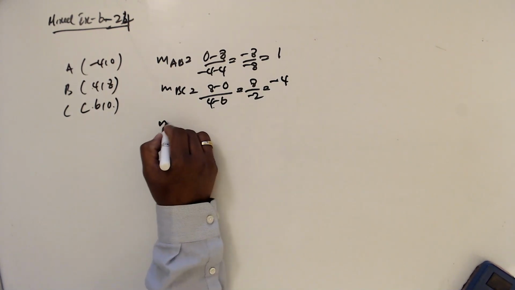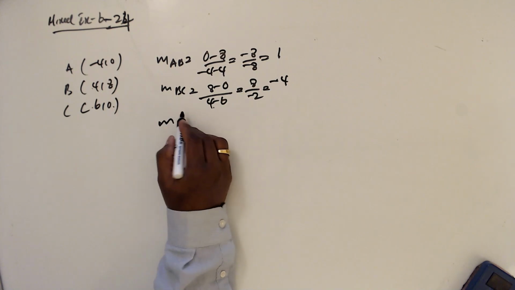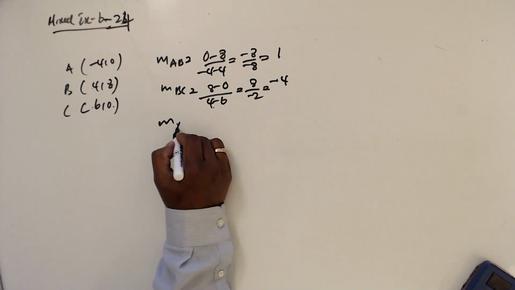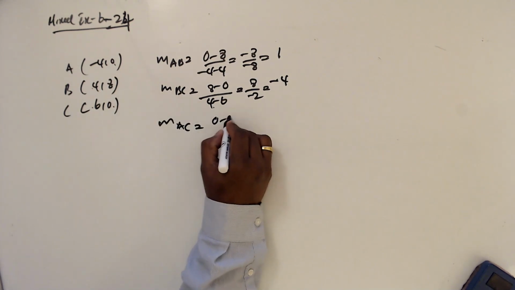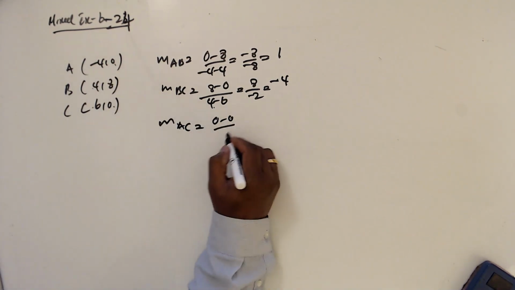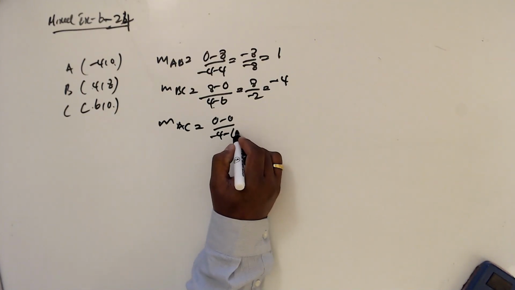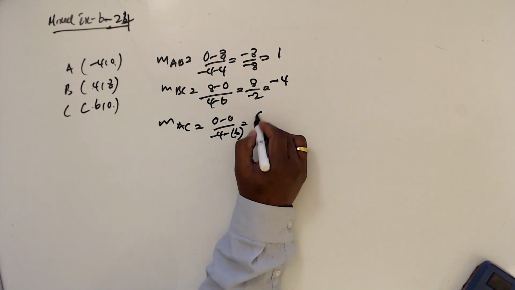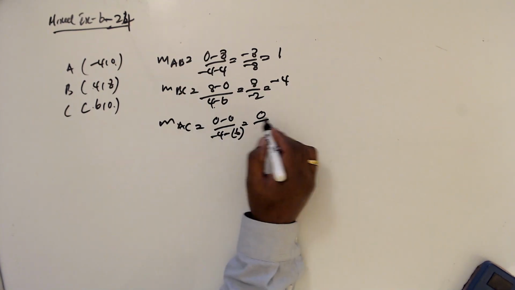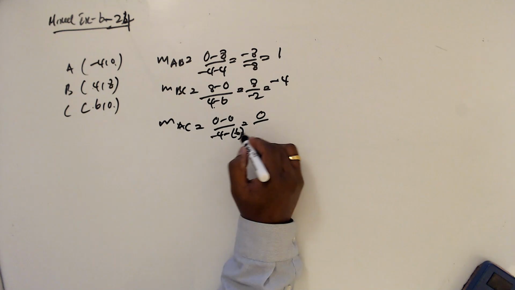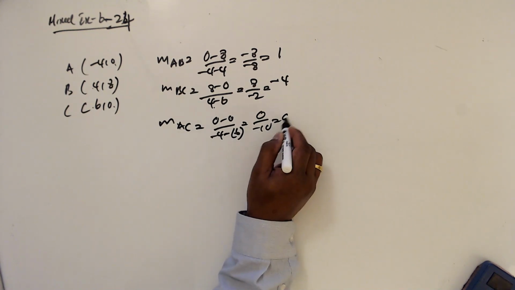It's not the one then. AC gradient: 0 minus 0 over minus 4 minus 6. This is going to be 0 over minus 10, which is 0.